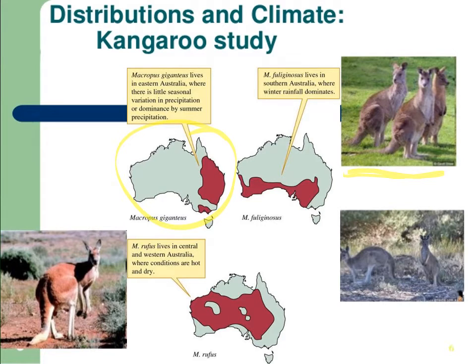We have the western gray, who's found in western and southern Australia in the Mediterranean woodland type biomes, chaparral. And then in the lower left side, we've got the red kangaroo, who is living all across the center of Australia in that arid and semi-arid environment.